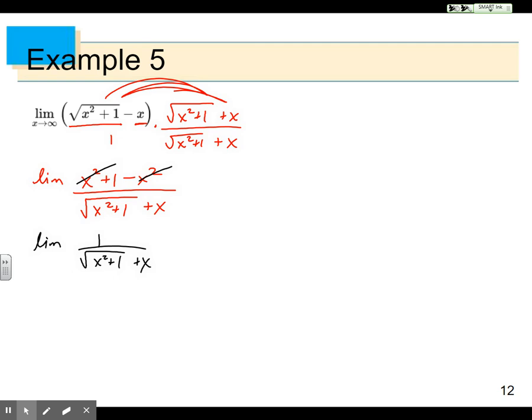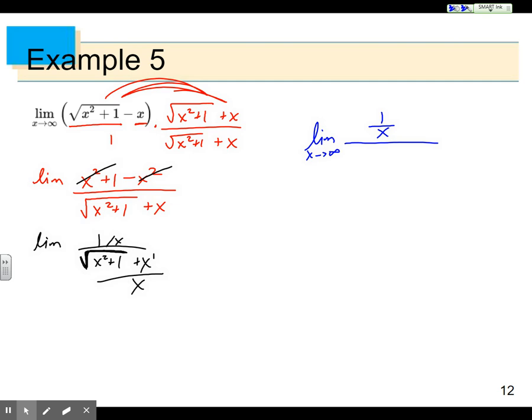Again, the highest power in the denominator is kind of tricky on this one. We have x to the first here, we have x to the second, but that x to the second is underneath that weird square root. So, I'm just going to call it x again. I'm going to divide everything by x here and here. And so, what that will do, switch colors again, it's going to give me the limit as x approaches infinity of 1 over x.